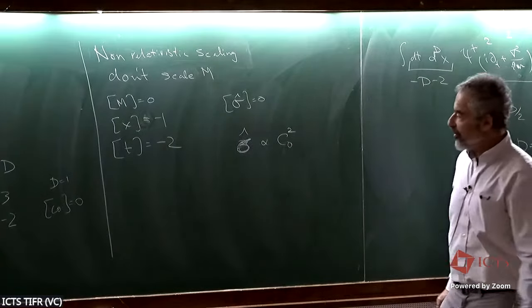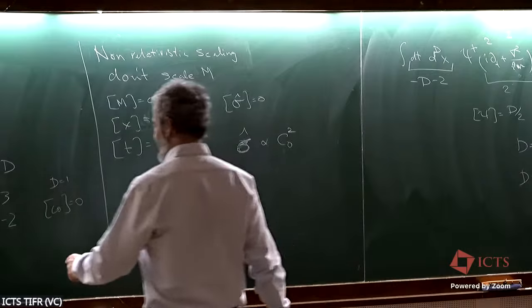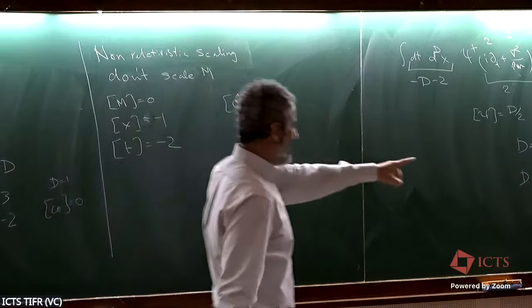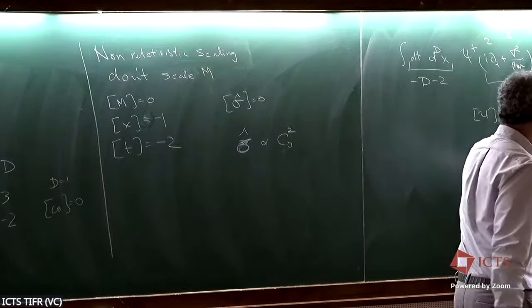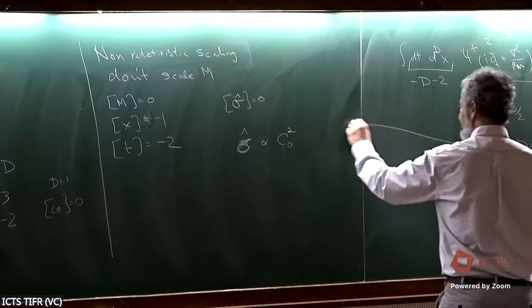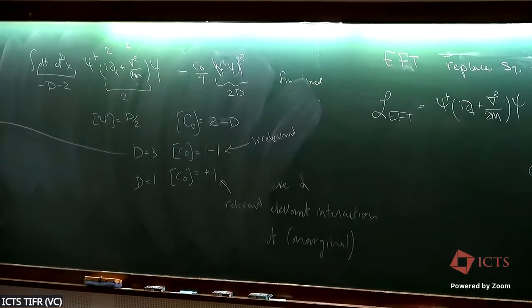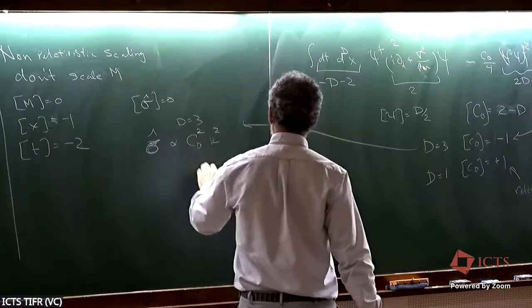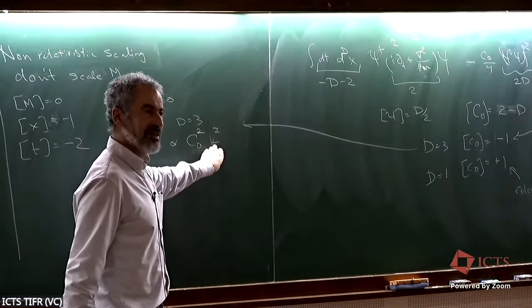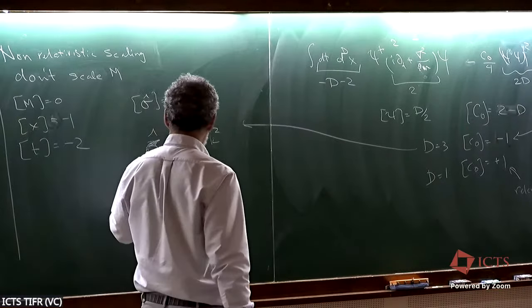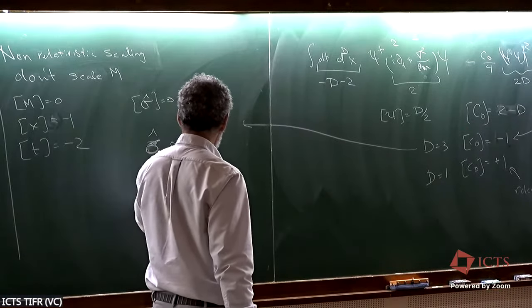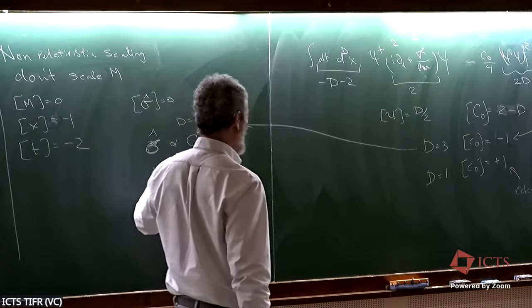Well, if you're going to make it scale invariant in the case where C naught is minus 1, you're going to have to put a K squared here, which again tells us it's irrelevant as K goes to 0. And sigma hat proportional to C naught squared, and D equals 1.